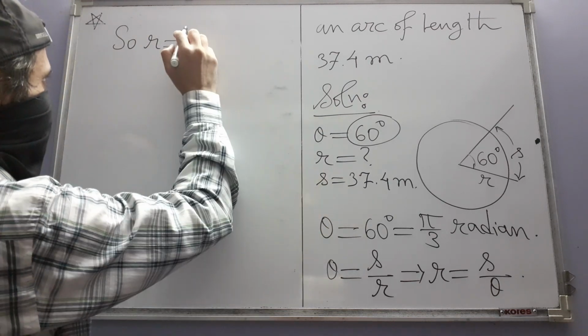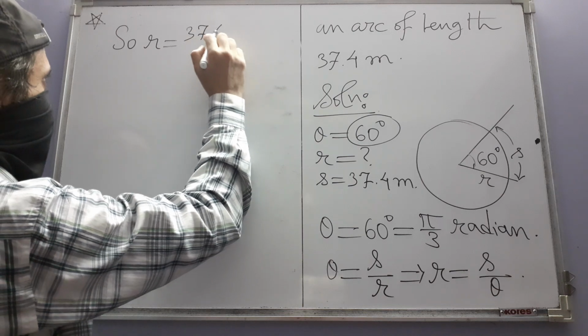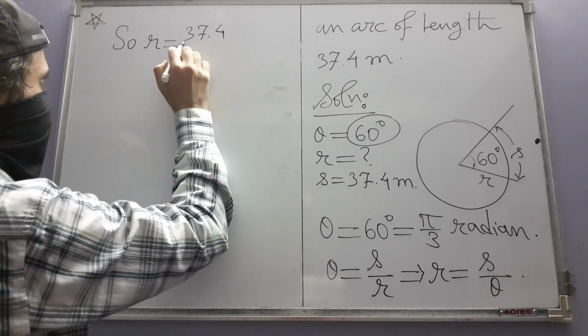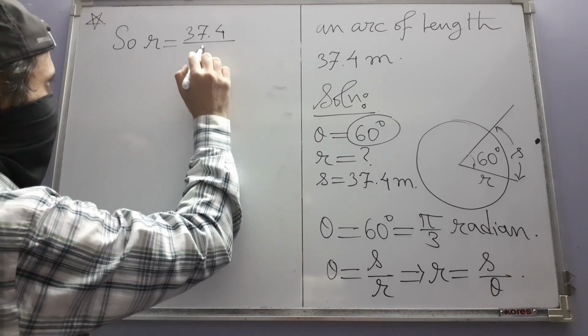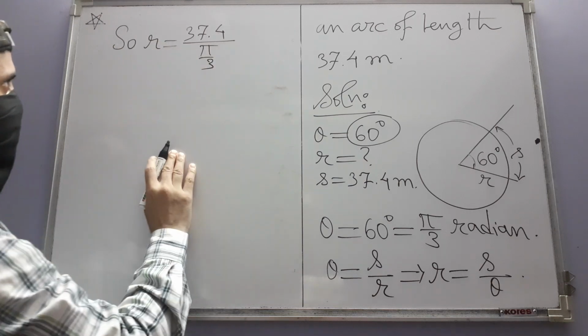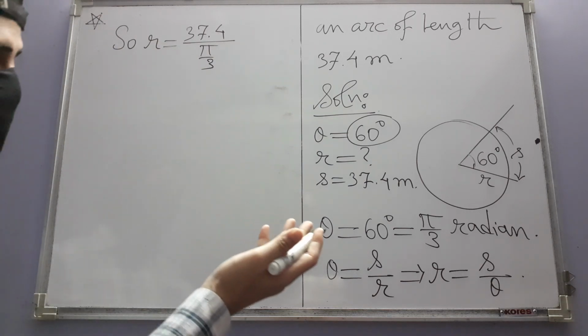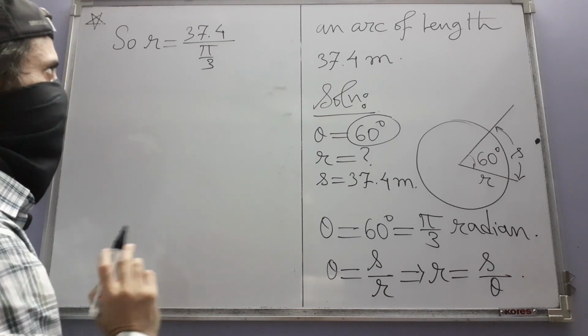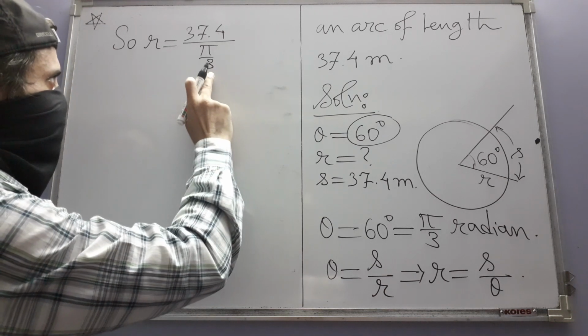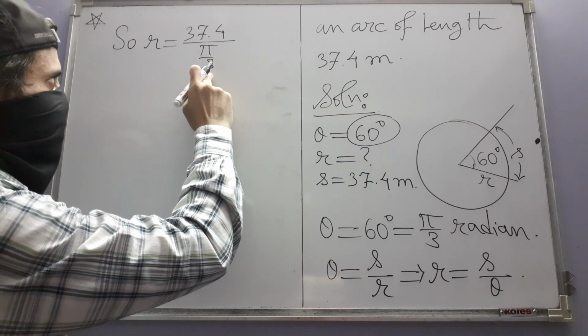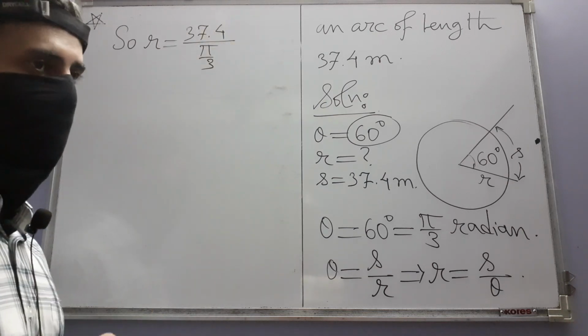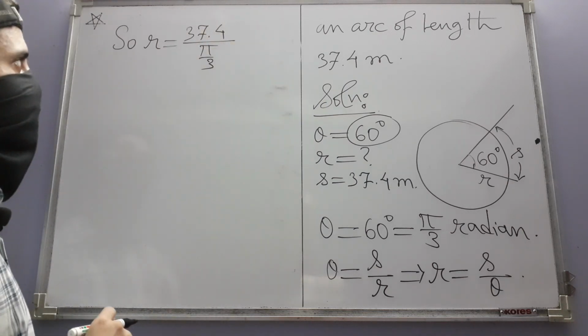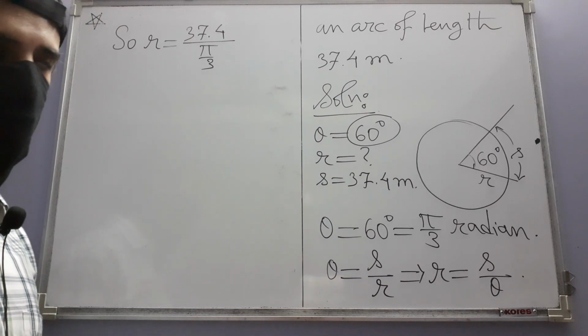S is 37.4 divided by pi over 3. Now if you want to use some approximate value for pi, you can do that. Otherwise, you keep pi as pi, take that 3 and multiply that with the numerator and get whatever you will get.